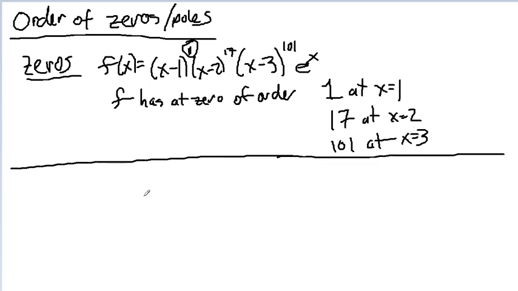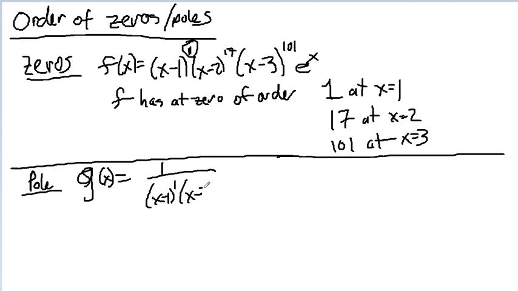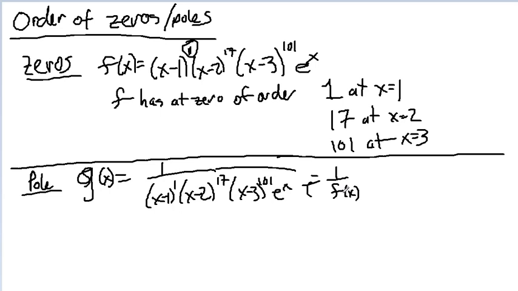The order of a pole is very similar. So let's call this g of x. I'm going to give it a whole bunch of poles. In fact, let's just make this 1 over f, that is, 1 over (x minus 1)(x minus 2)^17 (x minus 3)^101 times e to the x, equals 1 over f of x.